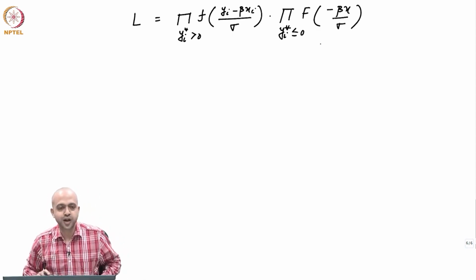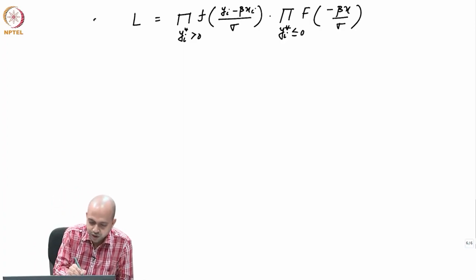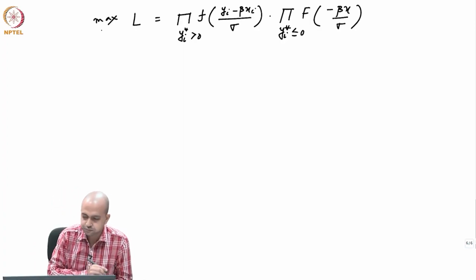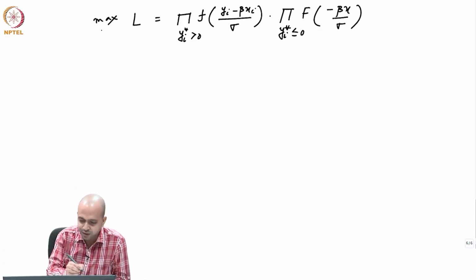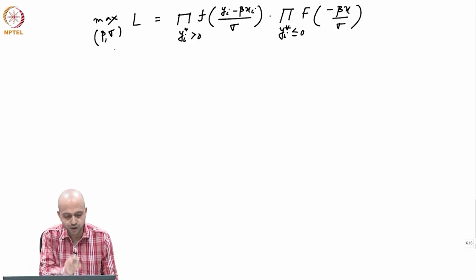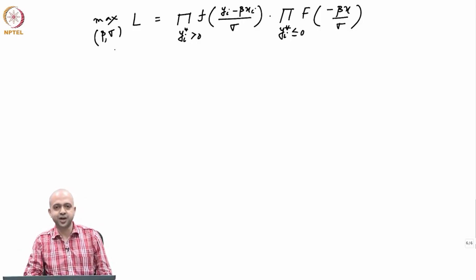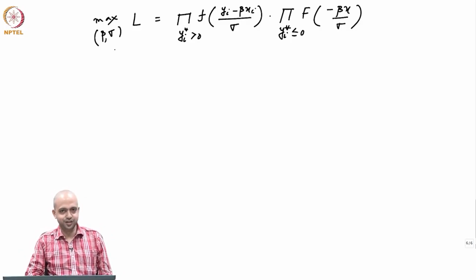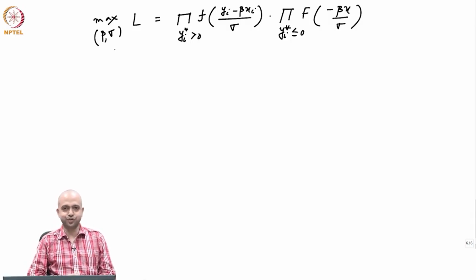So this is your likelihood function which you are trying to maximize with respect to beta and sigma, and if you maximize this likelihood, you will estimate your beta hat and sigma hat by the maximum likelihood method.